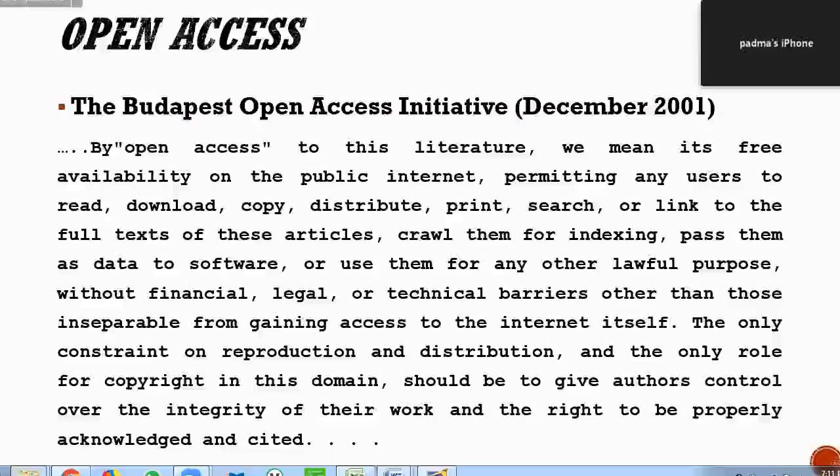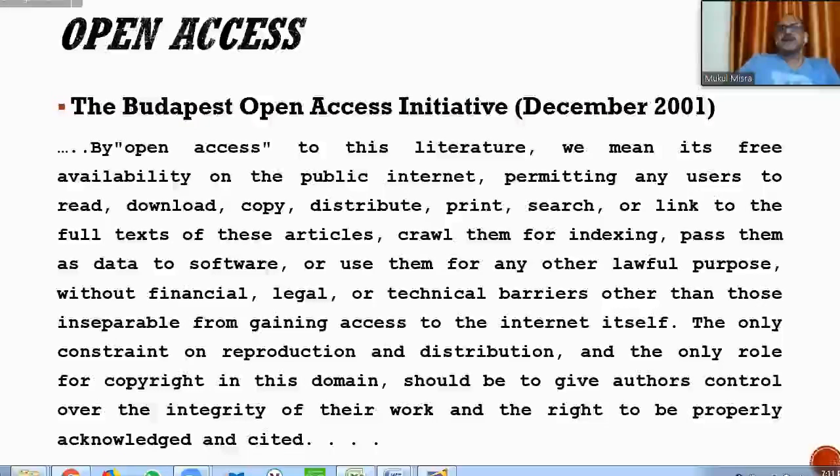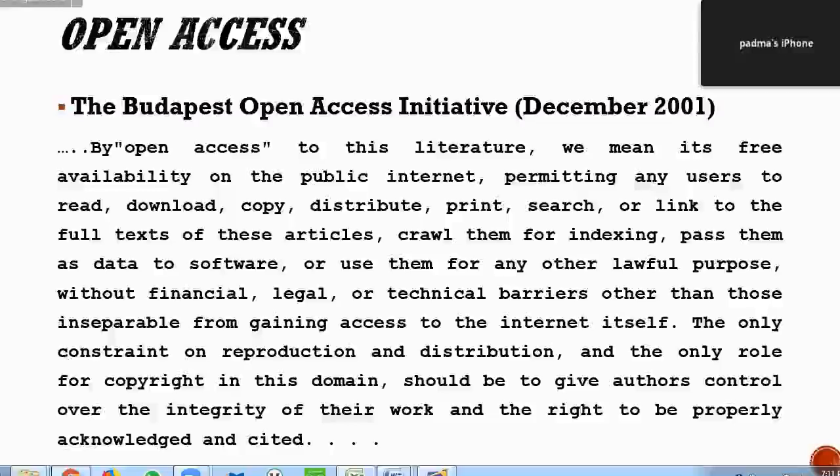If you look at those words from a legal point of view, these are very important. Open access means these kinds of permissions, and also using that data for development of software and any lawful purpose without financial, legal, or technical barriers. That means you don't require any permission from the researcher who put the work in open access.